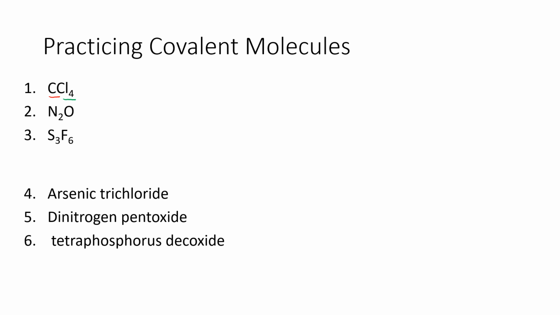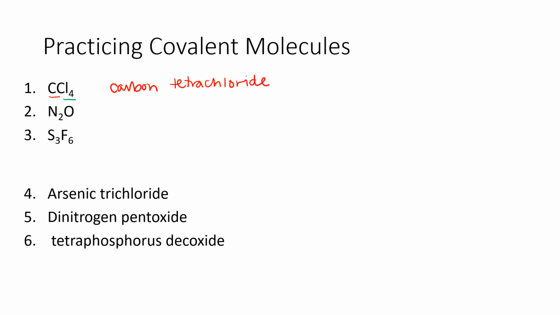When we're looking at carbon, since we have 1, we would typically use the prefix mono, but since the single carbon is the first element in the molecule, we omit that mono prefix, so we just have carbon, and then the prefix for 4 is tetra, so we have carbon tetrachloride.